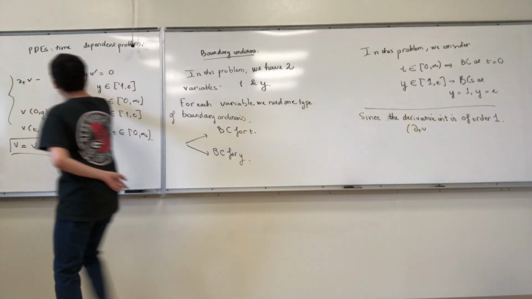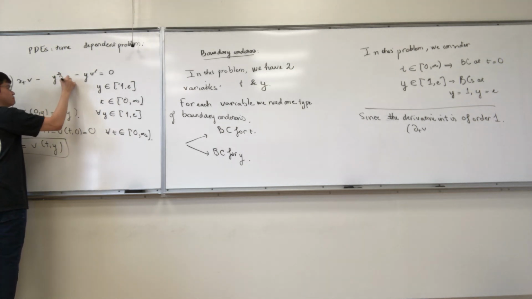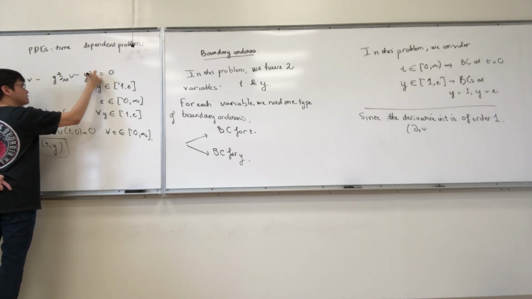Let me write it in a better way. I have dyy of v, and here I have dy of v.